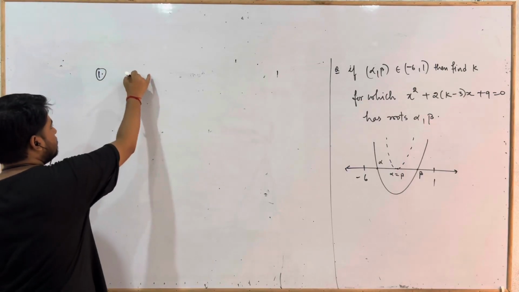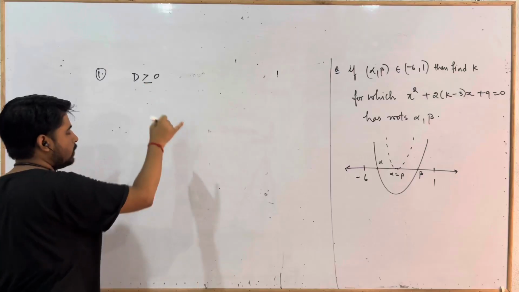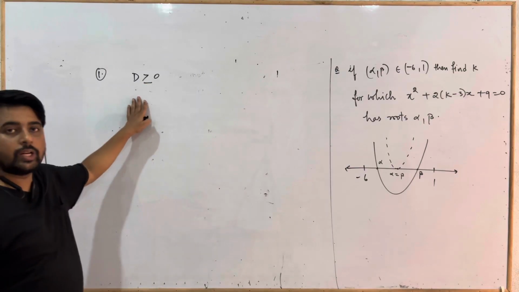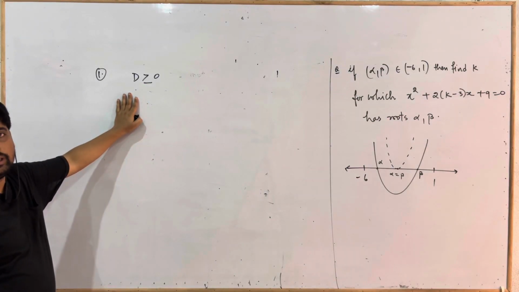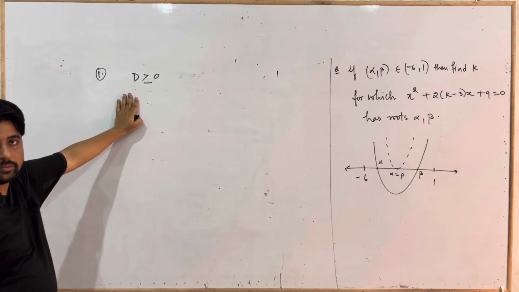D is what? Greater than or equal to 0. Now I am going to solve this condition, right? So D, that is what? b square minus, basically b square minus 4ac.